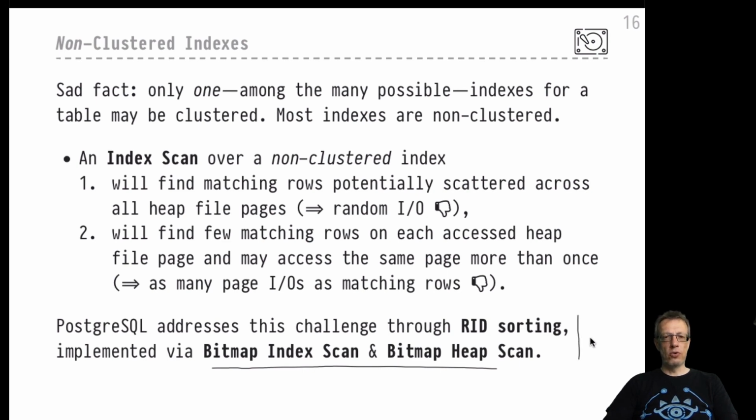So before we perform really chaotic and crazy random I/O accesses into the heap file, we will take our time and organize the RIDs that we have to access to evaluate the query in some orderly fashion. And once we've done that, only then we will actually perform the actual accesses into the heap file. All right. And this two-stage process is embodied by these two operators, and they will rectify, at least to some degree, the sad situation that we have with non-clustered indexes.